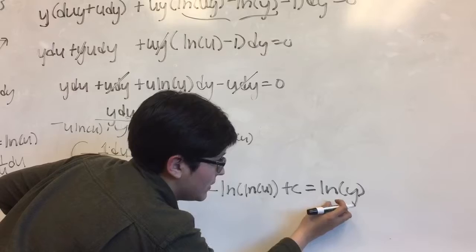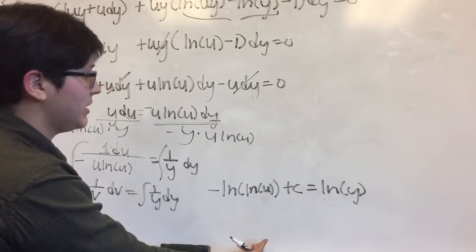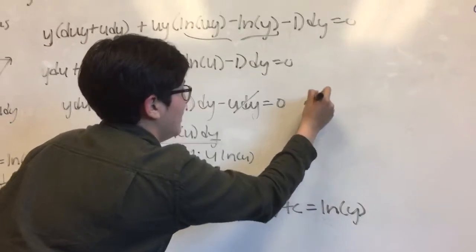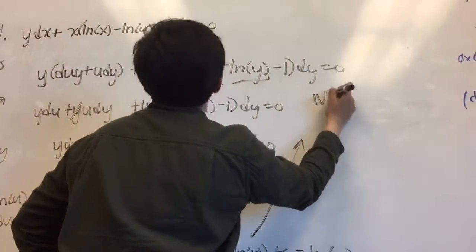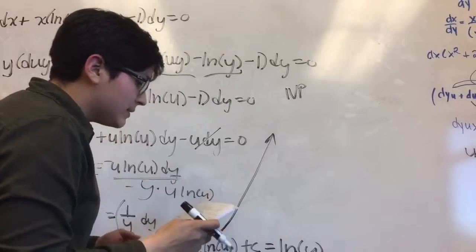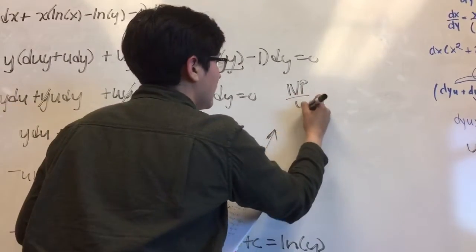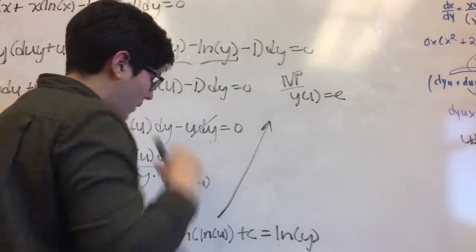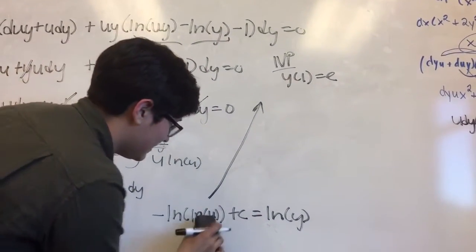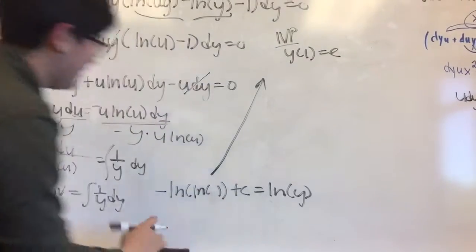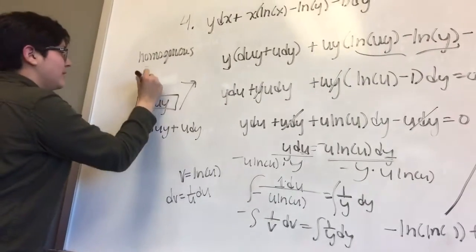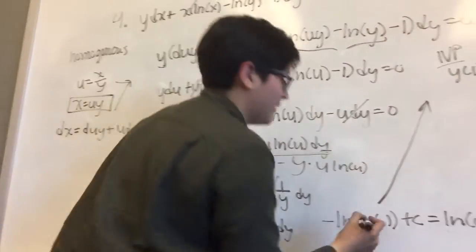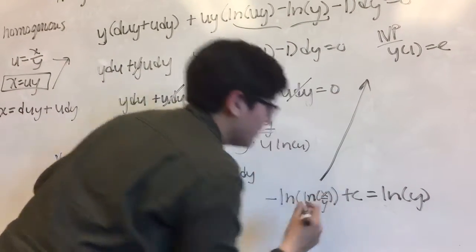Okay, so this is our equation. So now we're just going to go ahead and solve for the IVP over here. So our IVP was y of 1 is equal to e. Oh shoot, sorry. This u, actually from the beginning, we know that u is equal to x over y. So we want to put that in before we do IVP.